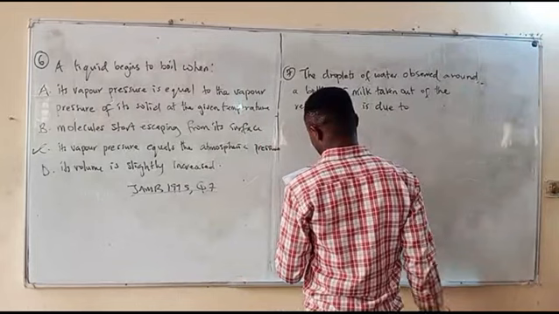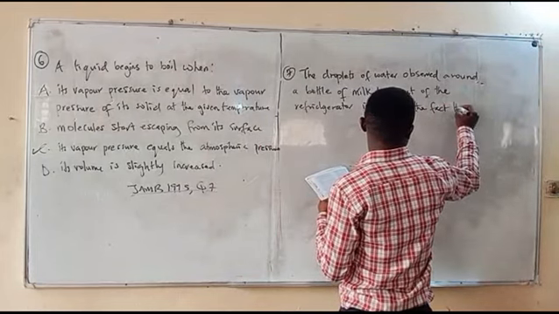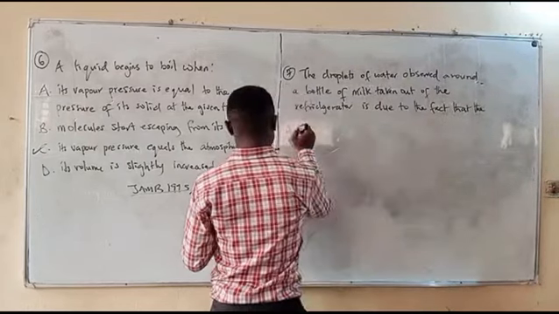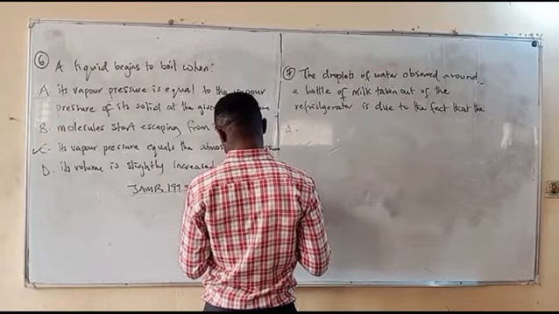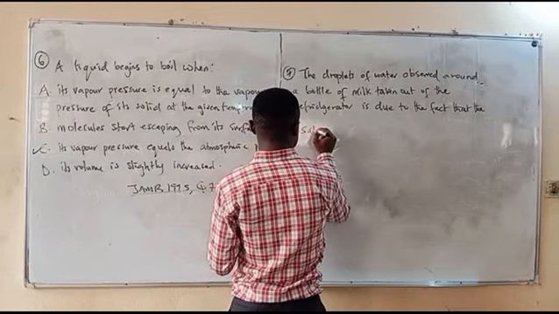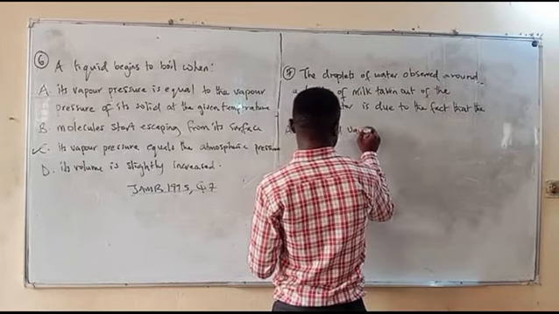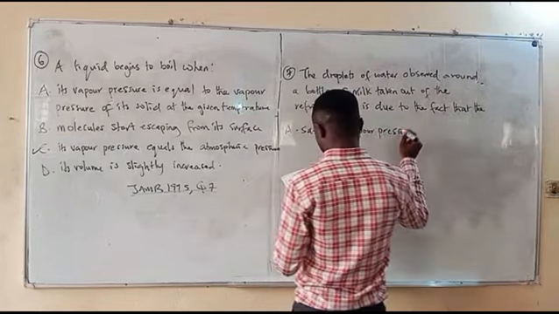Okay, are we done? Okay, this should be our last question for the day. The question says, the droplet of water observed around a bottle of milk taken out of the refrigerator is due to the fact that the A, saturated vapor pressure of the milk is equal to the atmospheric pressure.